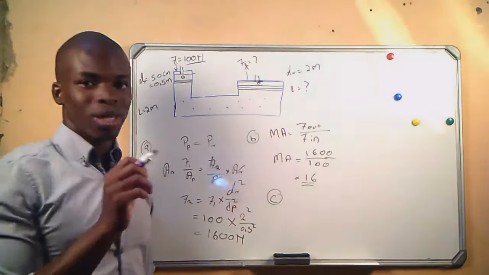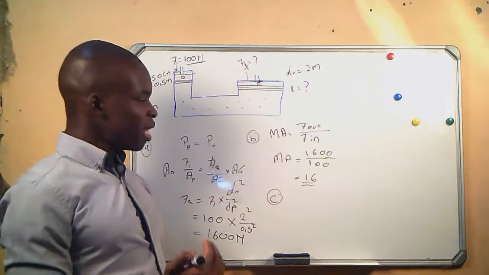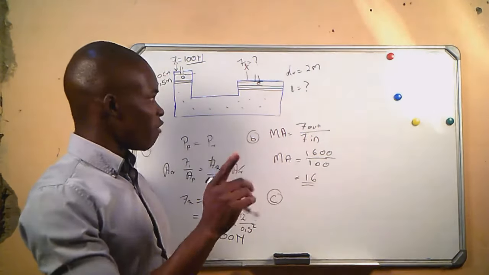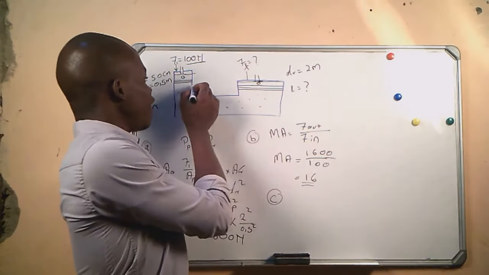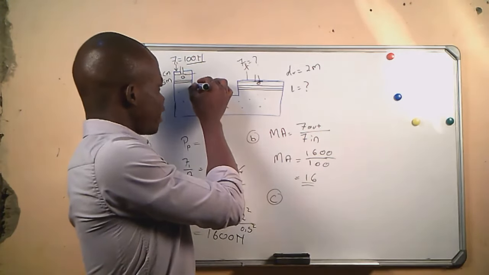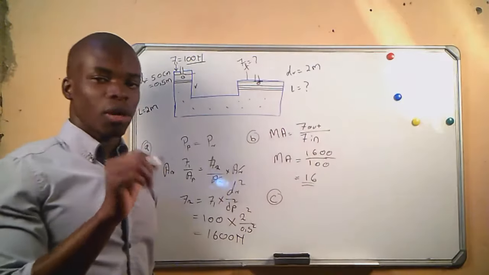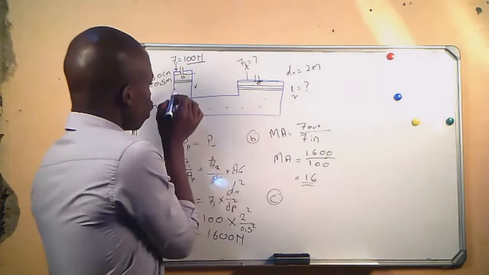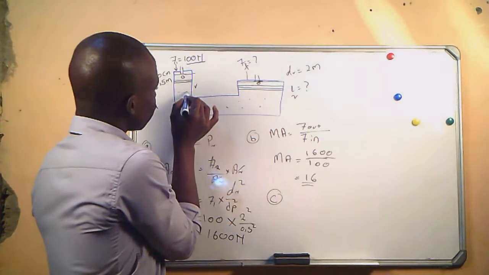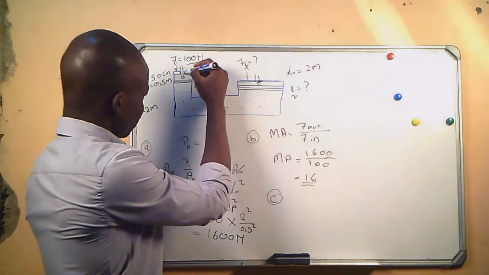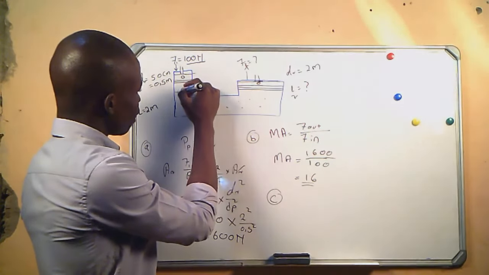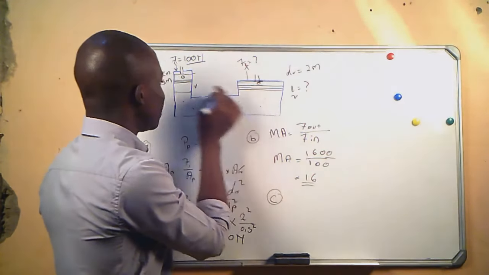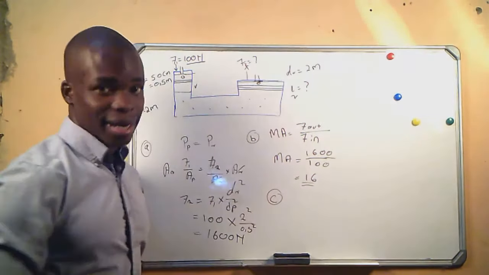And then we also know that it is a closed system, meaning that the volume inside the system is not changing. Therefore, whatever change in volume on the plunger must be equal to the change in volume in the ram, because the volume that the piston will occupy on the plunger is the same volume that will be added on the ram.